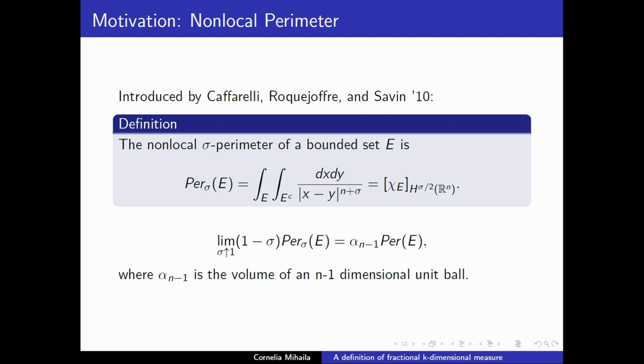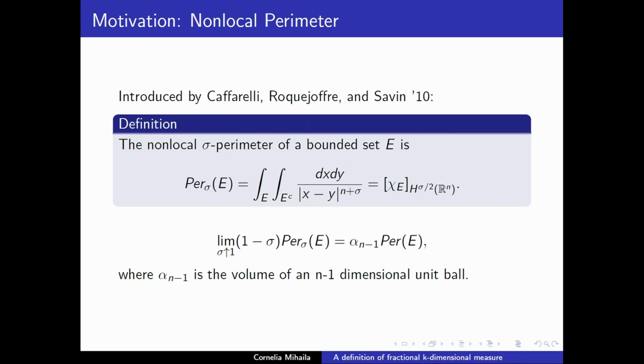Just in case nobody's seen this before, to motivate why this is a perimeter, the first thing I like to think of is when is this integral integrating something big? It's when I have points x and y where one is inside and one is outside, but they're close to each other, on the boundary. So we are emphasizing the boundary in our definition.